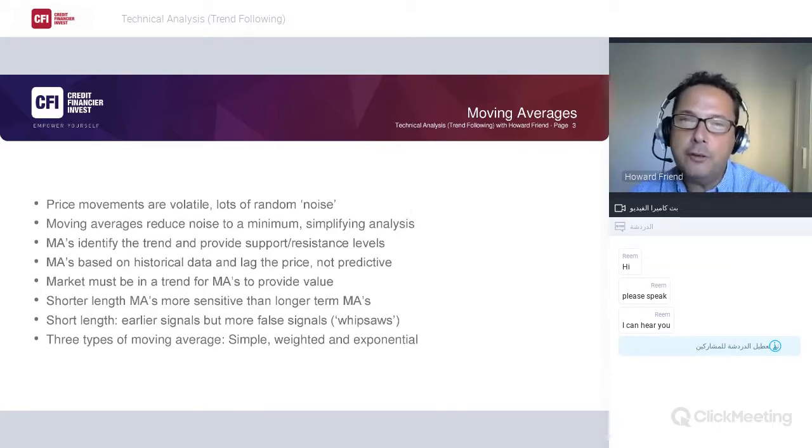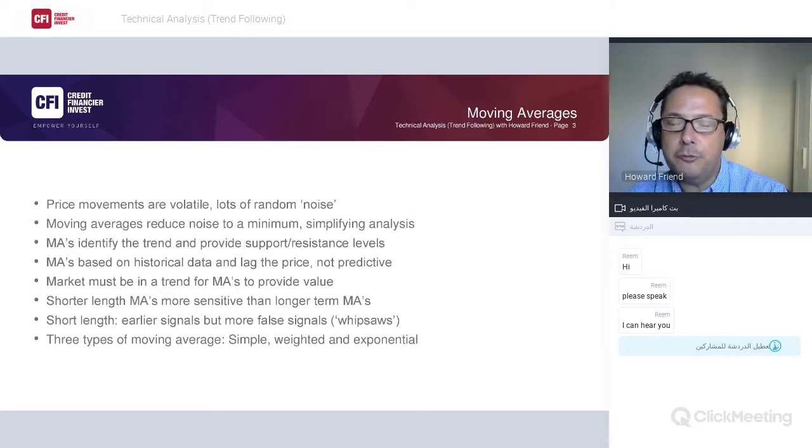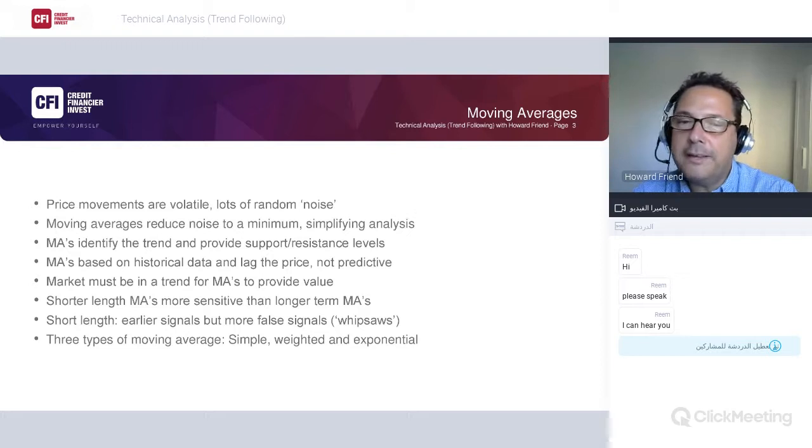When a market trends, you'll tend to find a lot of jerky movements up and down, but the direction can sometimes be difficult to ascertain. With the help of a moving average or a combination of moving averages, we can clearly define which way the market is going. Moving averages are used to reduce the noise to a minimum and to simplify the analysis of the price chart.